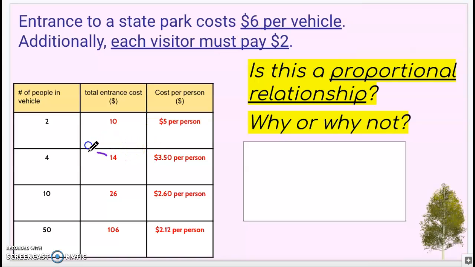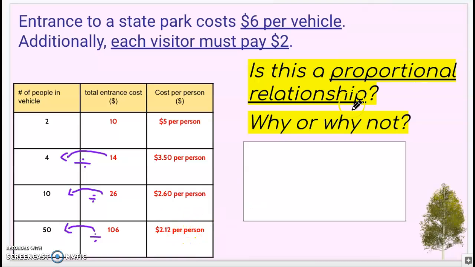We took 14 and we divided it by the 4 people that were in that car. We took 26 and divided it by 10 to figure this $2.60 out. And we took 106, divided it by 50, a whole busload of people, and realized they only had to pay $2.12 per person. That's pretty nice.